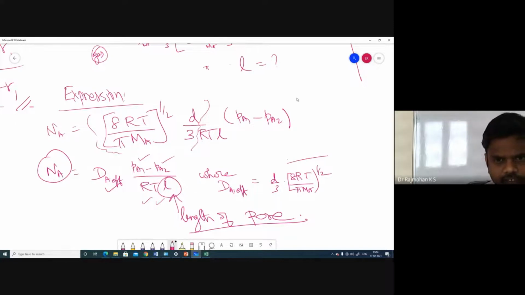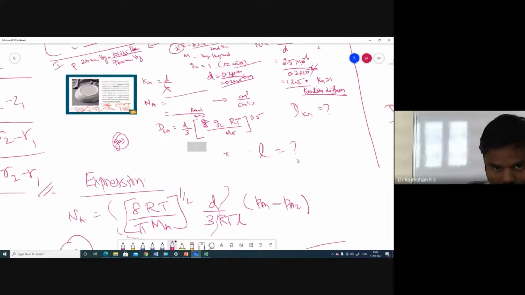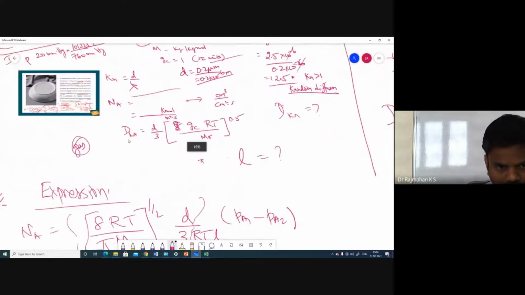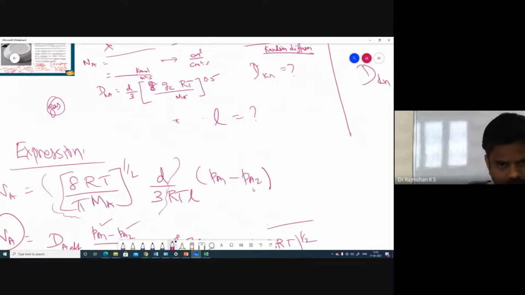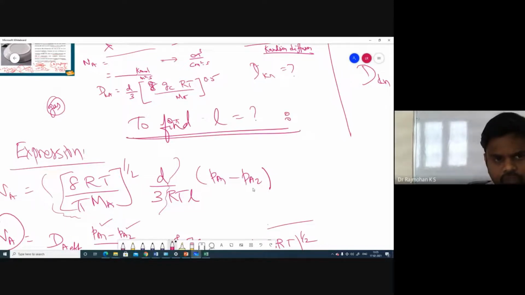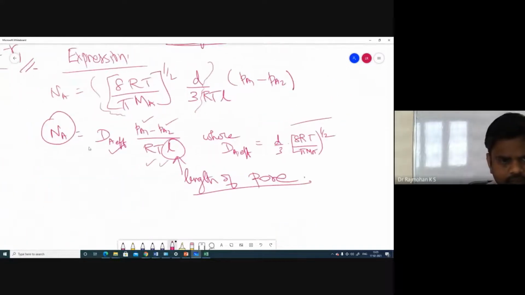We have determined. Now first determine D Knudsen diffusivity. To find L, once we get dKa, we have to do this Na conversion to SI units. Then in this expression, we will substitute to get L value.